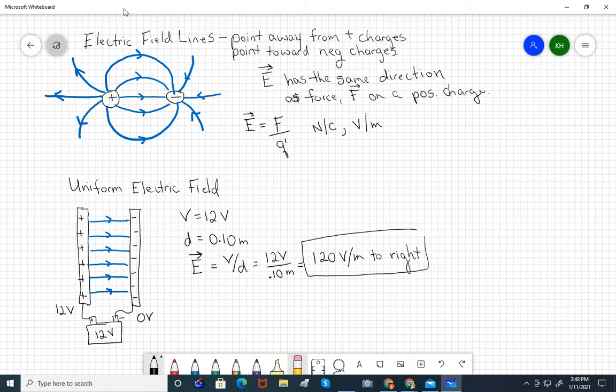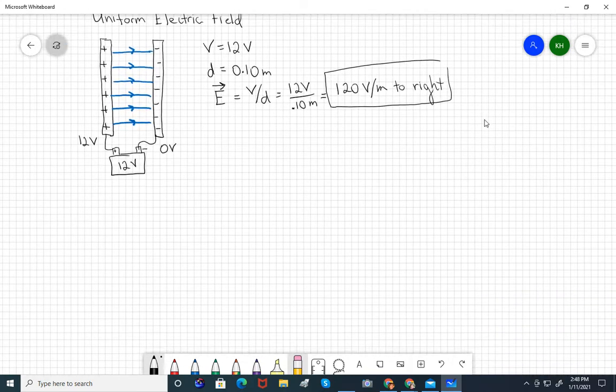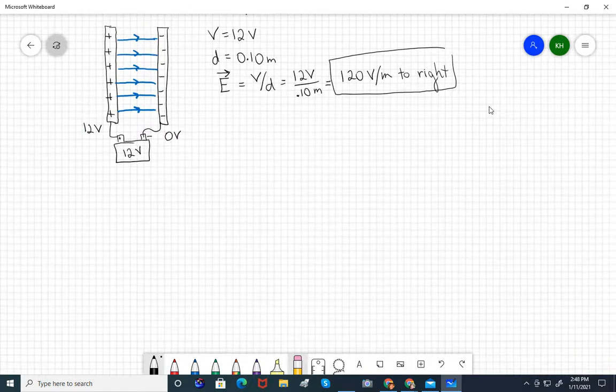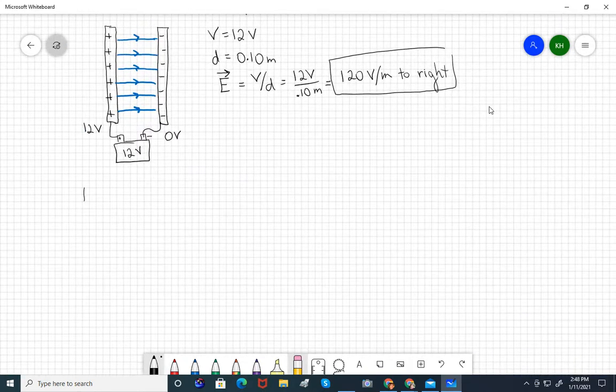If we're not talking about a uniform electric field, if we're talking about a point charge, we'll do a positive point charge. It points away from the positive point charge. It points in all directions.